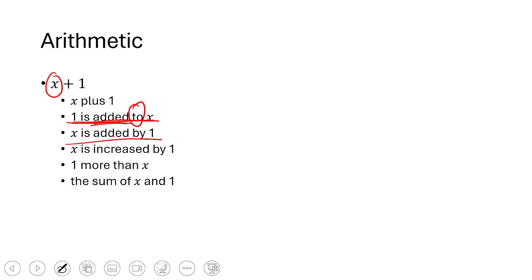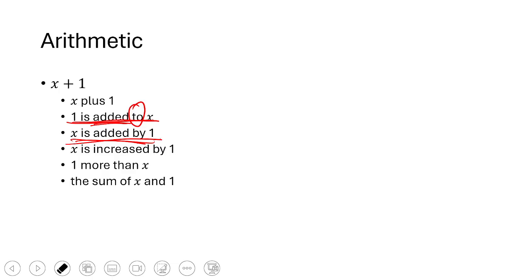In contrast, the second phrase, x is added by 1 or x is increased by 1. In waray-waray, we can think of it as he x gindugangan hin 1. The first phrase, he 1 gindugang kan x. So that is exactly why we have x plus 1.